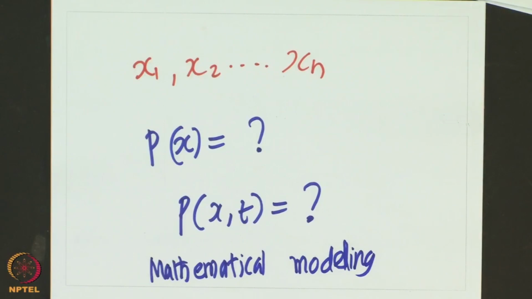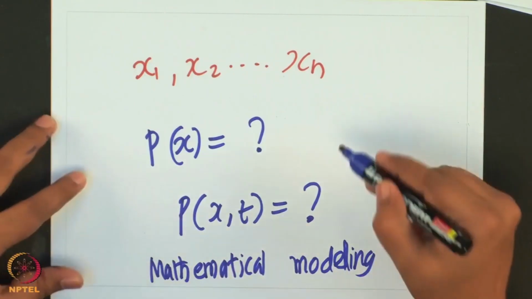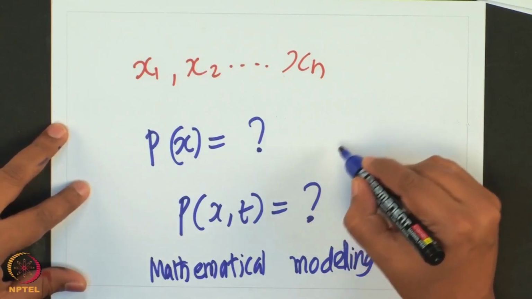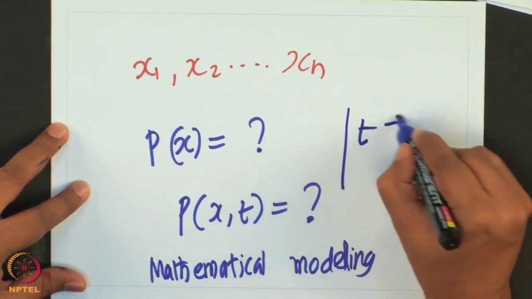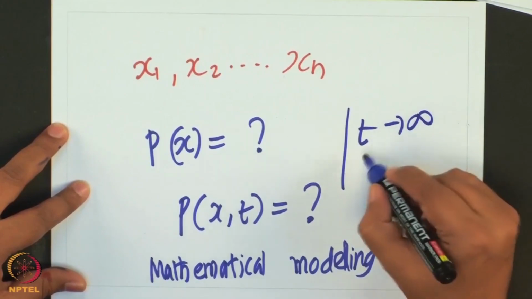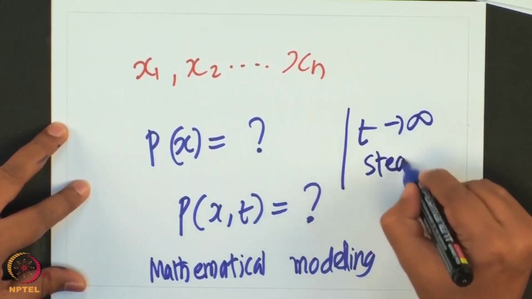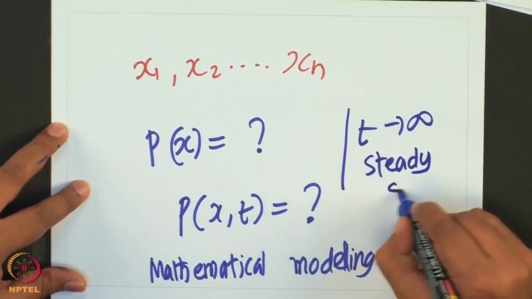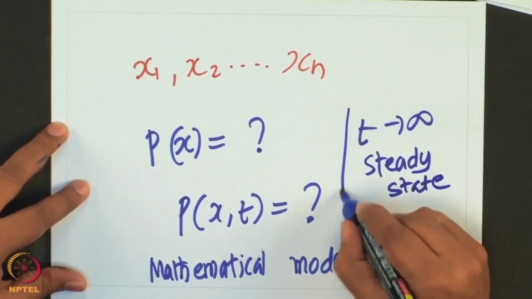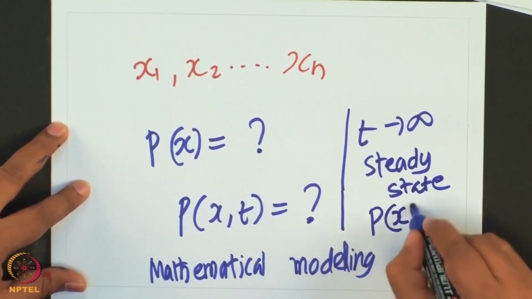Or can we get it at least for very large t? When t is very large, that is, if you wait long enough, when it is in steady state, where things will be independent of t, can we get p of x?